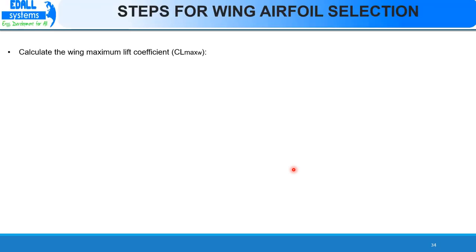Next, calculate wing maximum lift coefficient, that is CL max W equals CL max, that is aircraft maximum lift coefficient, divided by 0.95.